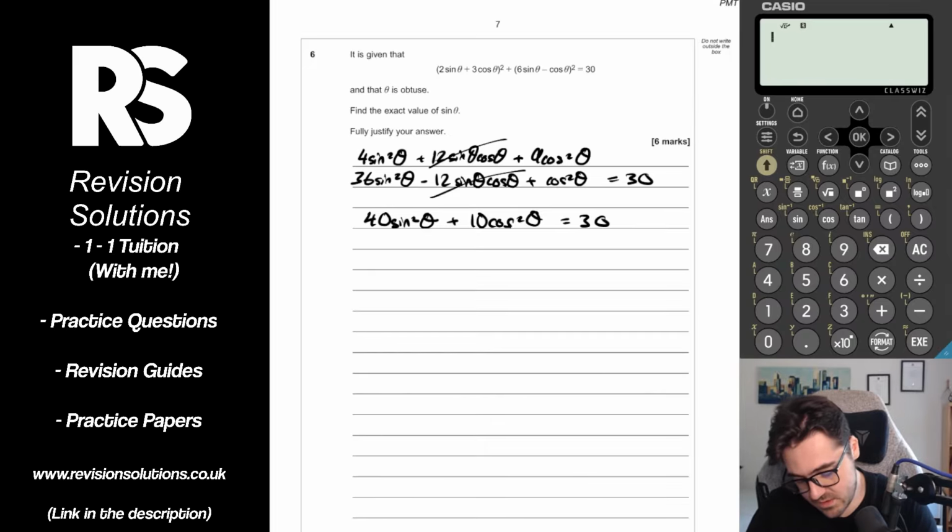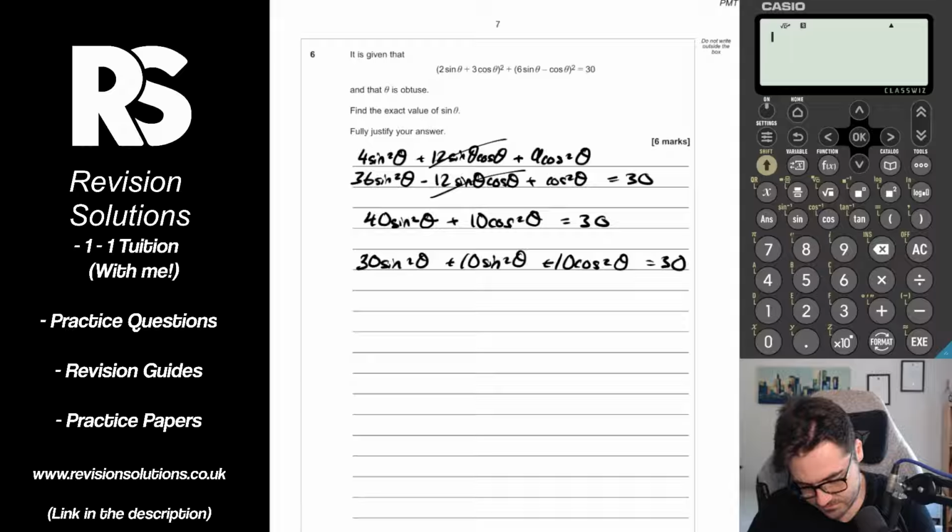And then we can use the identity that cos squared theta plus sine squared theta equals 1, so I can split up this sine squared theta into 30 lots of sine squared theta plus 10 lots of sine squared theta plus another 10 lots of cos squared theta, plus 30.